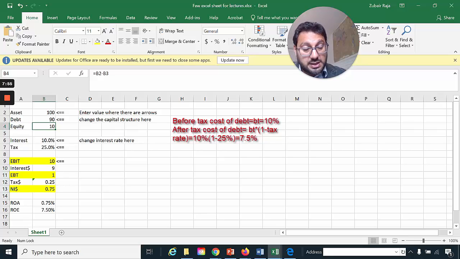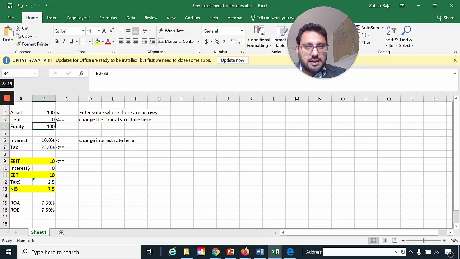So when there is zero debt, if your ROA is equal to the after tax cost of borrowing, which is 7.5%, why? Again, 25% of 10% gives you 2.5%. Subtract that 2.5% from the 10% interest, you get the after tax cost of debt, which is 7.5%.